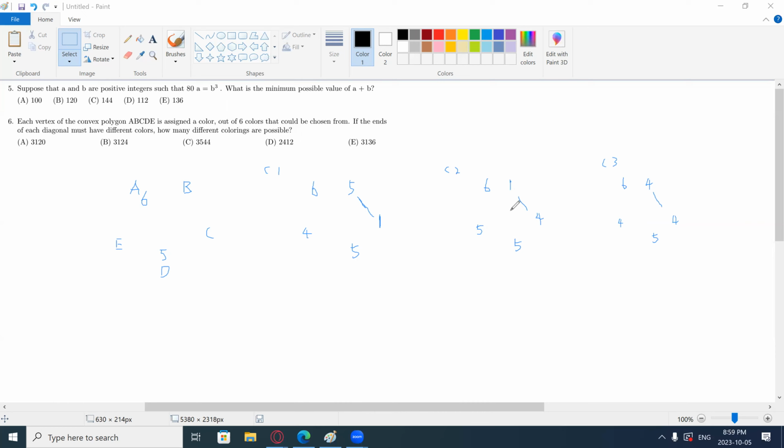So your 6 choices are only reduced by 1. So if we calculate the total number of case 1, that would be 100, because 4 times 5 times 5 is 100. The total number of case 2 would be also 600.